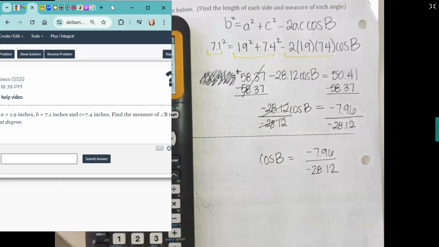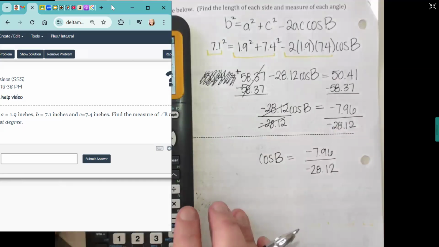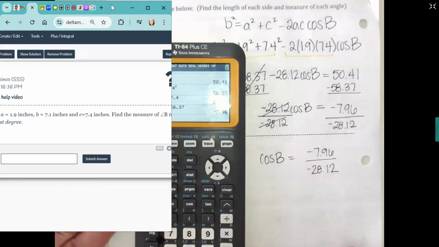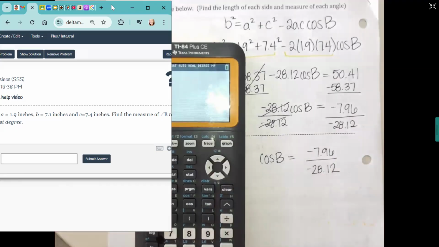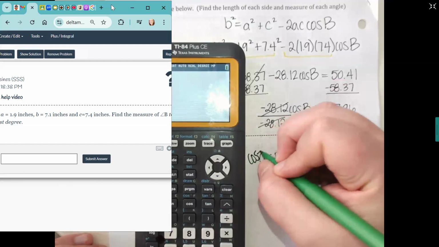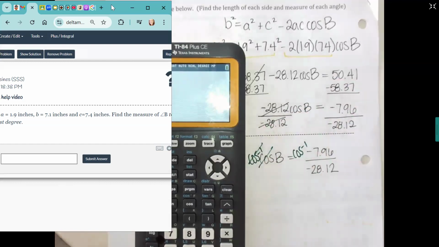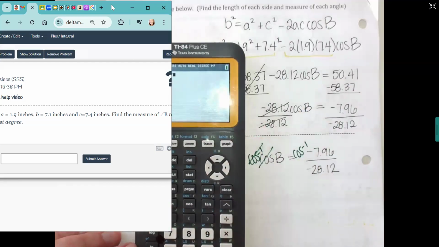Then how do I get rid of the cosine in the calculator? Second cosine. Okay, or cosine negative 1, which is the inverse. So I'll do cos negative 1 here. So second cosine, negative 7.96 divided by negative 28.12.